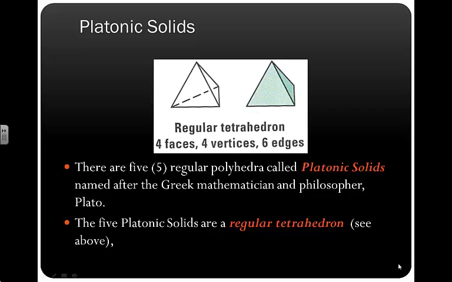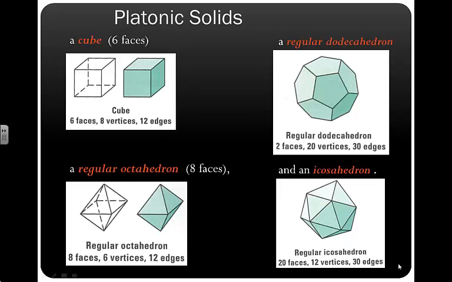Okay, and see above, those are what regular tetrahedrons look like. 4 faces, 4 vertices, and 6 edges. We have a cube, a regular dodecahedron, regular octahedron, and an icosahedron. Okay? Again, don't worry about too much of these. We're just going to really be dealing with the cube, triangular pyramids, and cylinders. So don't worry too much, but this is an example of what these are.